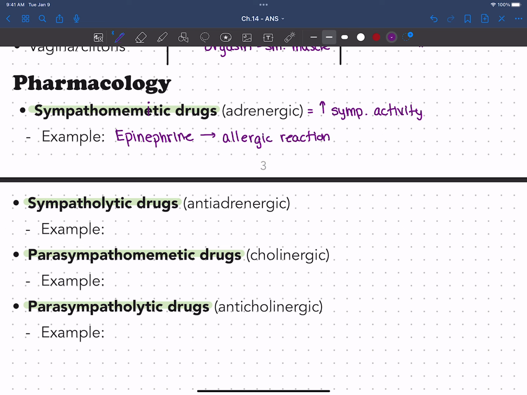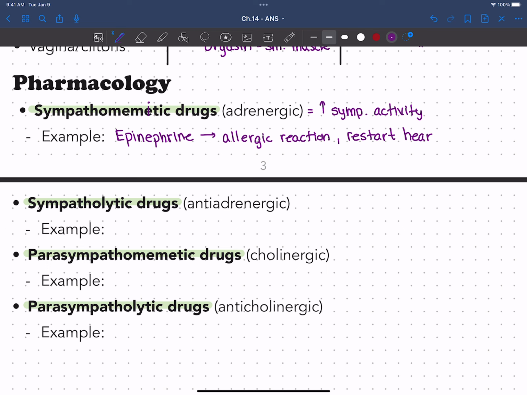And that is in part because of that dilation of the bronchioles we talked about that's an effect of the sympathetic nervous system. And with an allergic reaction, the bronchioles constrict and swell up, preventing airflow. And so that would be an important, very immediate effect of an EpiPen. It can also be used to restart the heart.